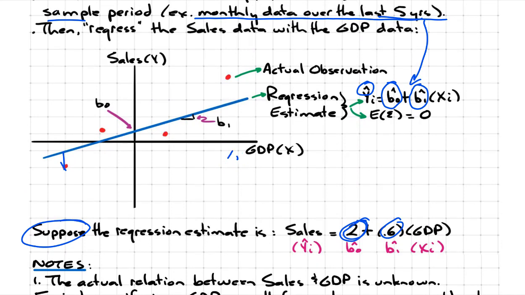By design, so this is not a coincidence or anything, by design, let's just say that the average value for x was here. So if this was the average value for x, here's what the regression property would be. Then that point would be the average value for y. And that's what we mean. So when x is at its average, y will be at its average at that point in time.